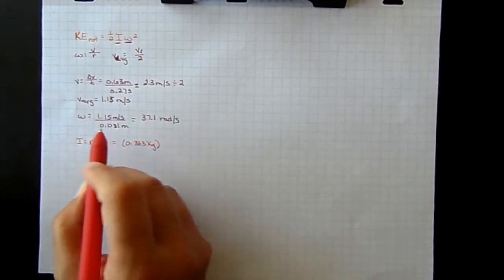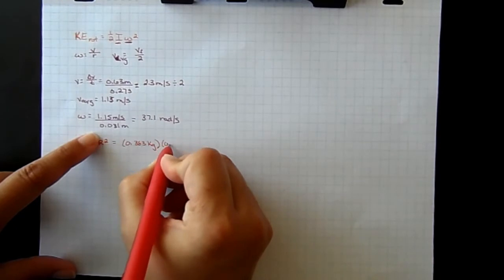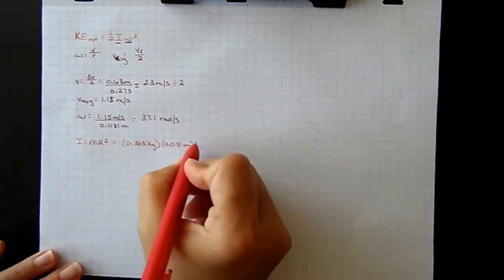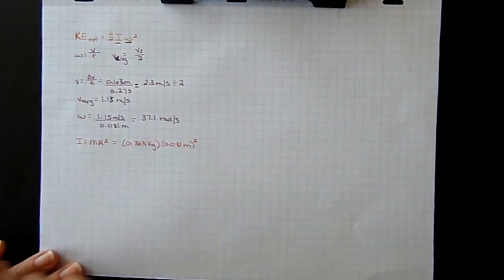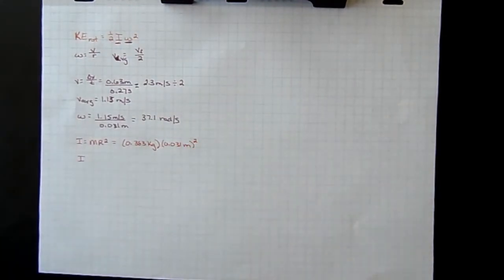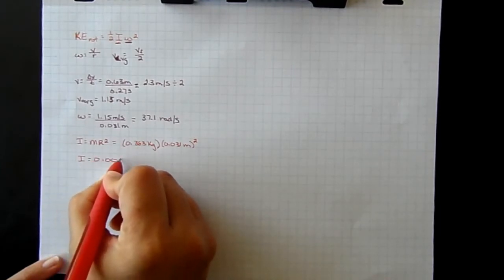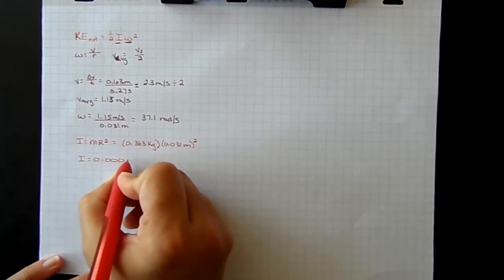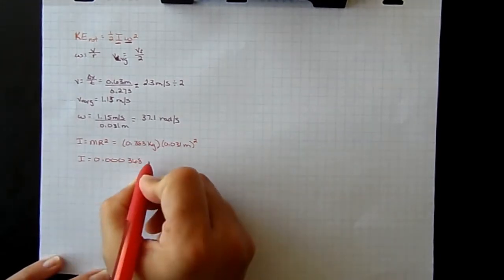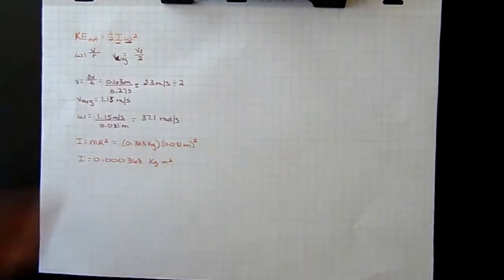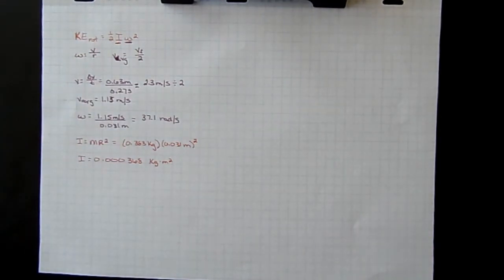Oh, here it is: 0.031 meters, and this is squared. Okay, so my moment of inertia is 0.031 squared times 0.383. That's going to be a really small number: 0.000368 kilograms meters squared. All right, so that gives me my moment of inertia.